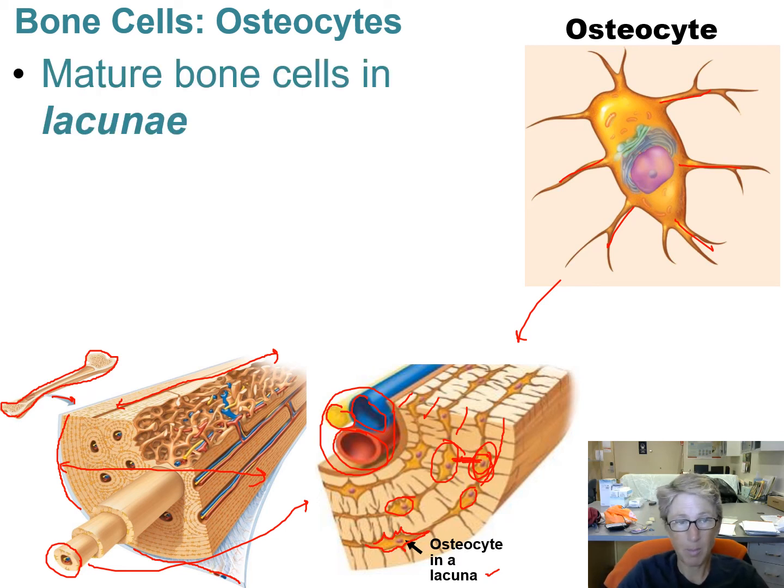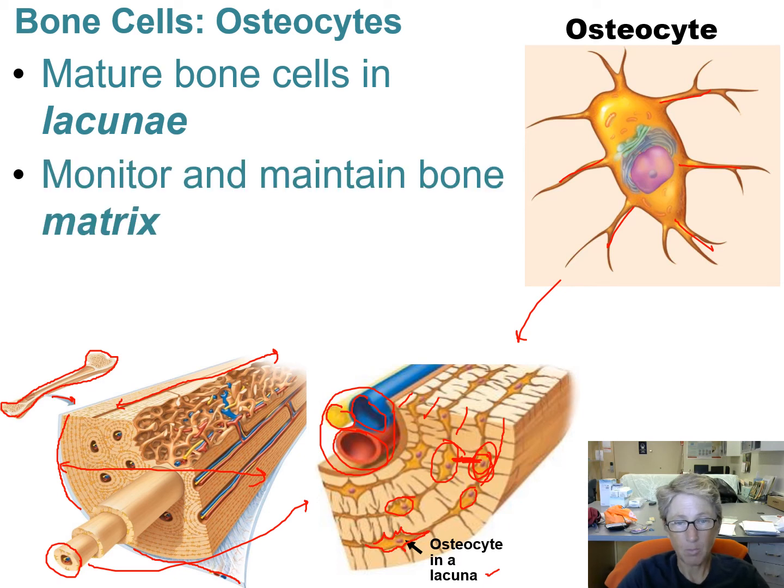Osteocytes monitor and maintain the bone matrix. The osteoblasts will make the organic matrix, which has collagen in it, and then calcium will come in and harden that matrix to make hard bone.